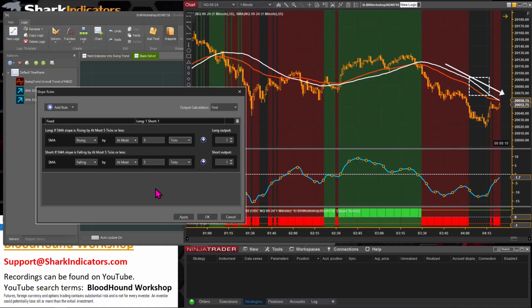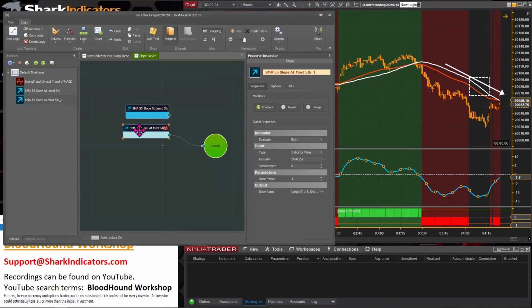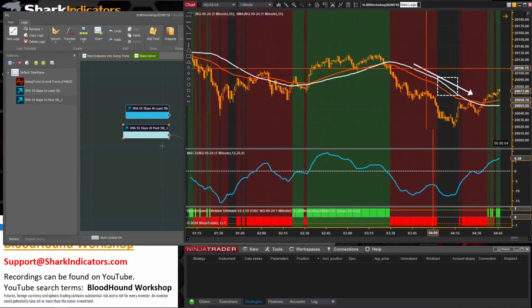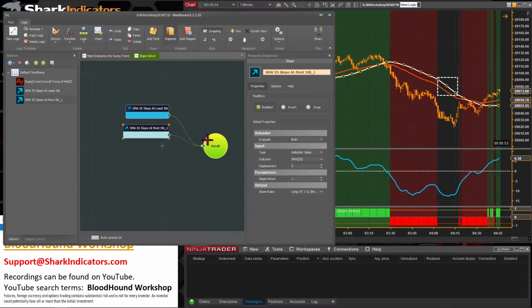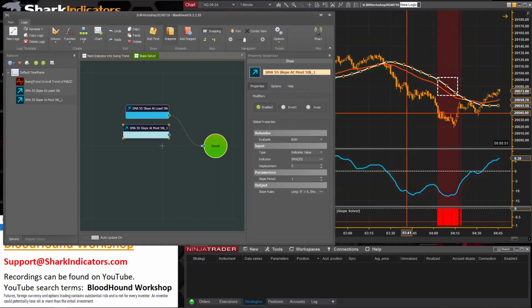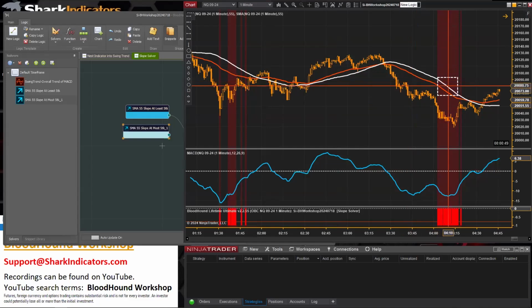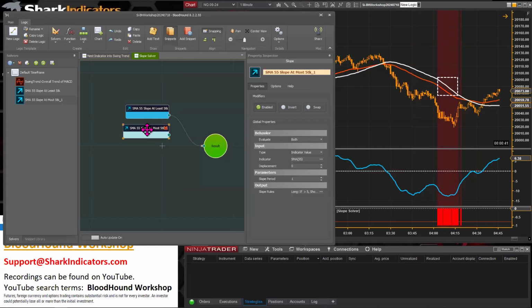All right. So there's an example of looking for a minor slope versus having a minimum steepness, or at least a certain amount of slope. Two different examples there.